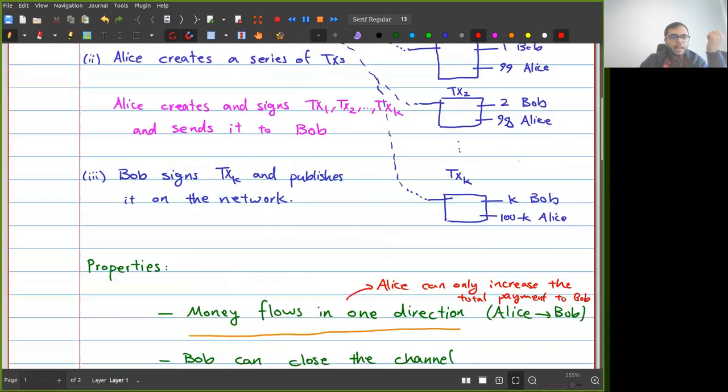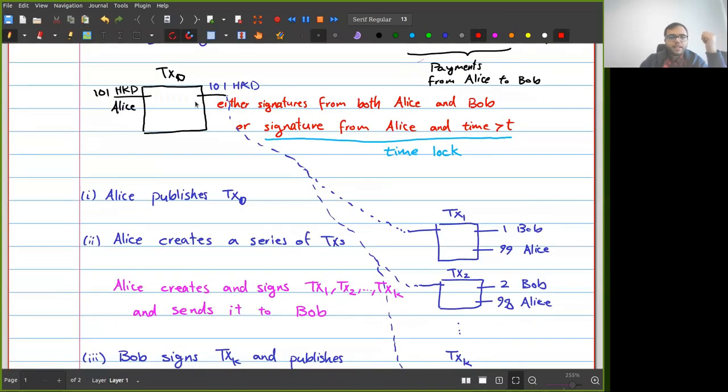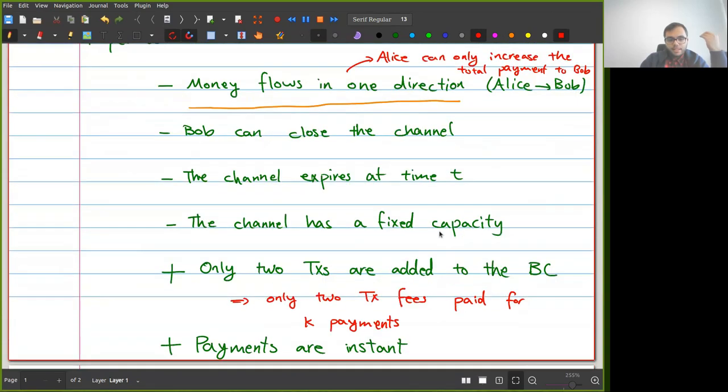But also, I have a limit on how much I can pay, right? So in this case, let's say if I want to pay $1 for the transaction fee, then I can pay at most $100 to Bob. So I would say that this is a channel with a capacity of 100 in this case.